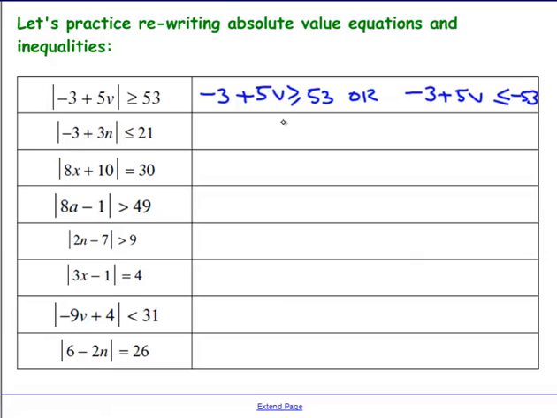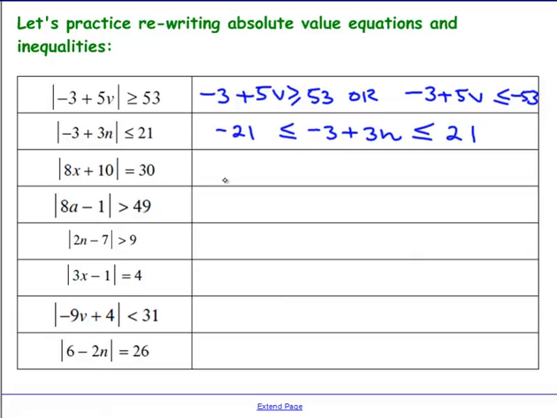Over here, the distance has to be less than 21. So this is your sandwich in between, and you're in between negative 21 and 21. And then negative 3 plus 3n goes in the middle. And that's all you have to do for the rewriting part.